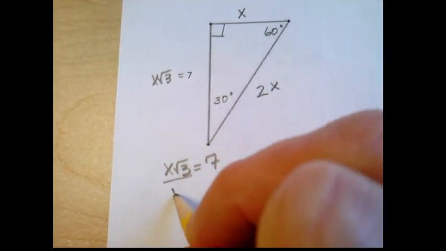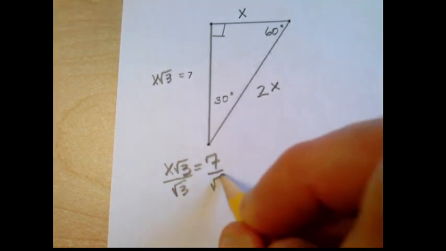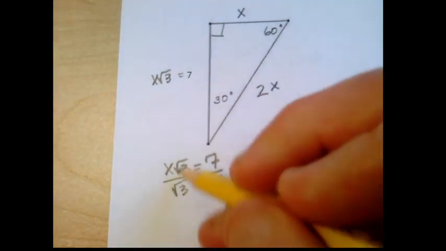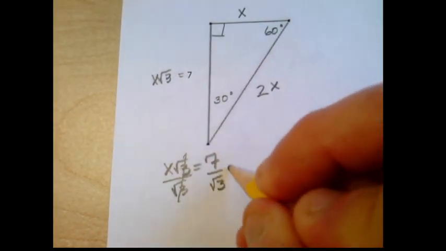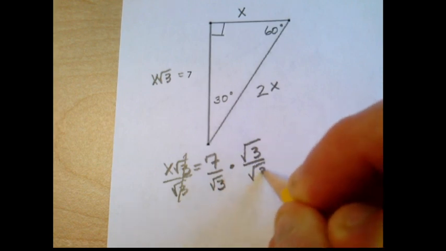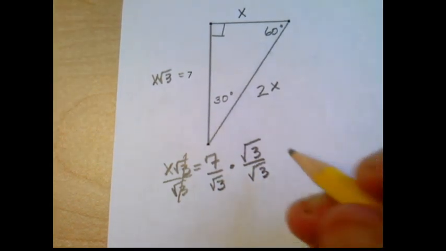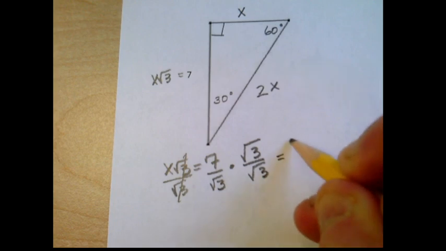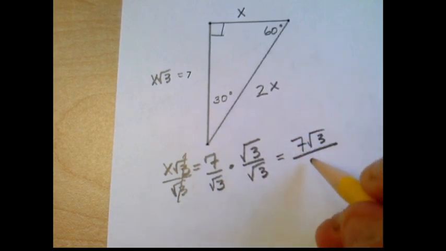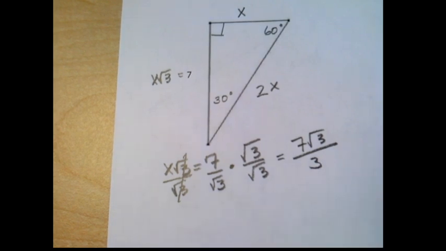So I'm going to divide by the square root of 3. Now, I can't leave that radical down there, so I'm going to rationalize it by multiplying by radical 3 over radical 3. Now what that gives me is 7 radical 3 over, what's radical 3 times radical 3? Just 3.